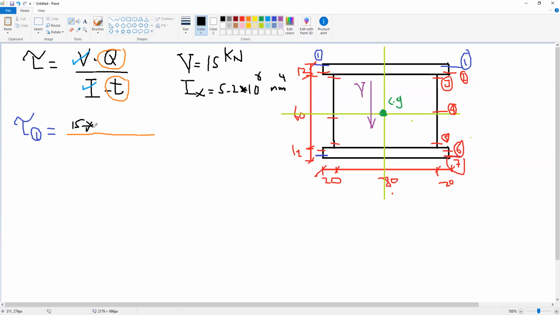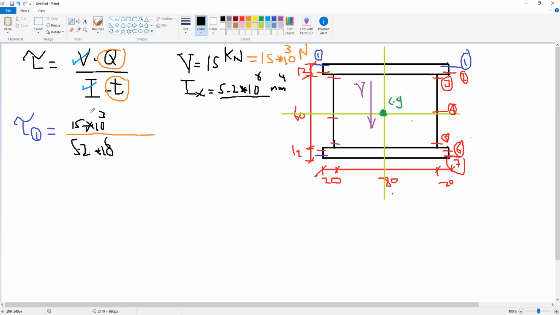So I will convert it to Newton. 15 times 10 to the power 3 Newton. This is the first step. Then I, which we calculated in the previous step, is 5.2 times 10 to the power 6.